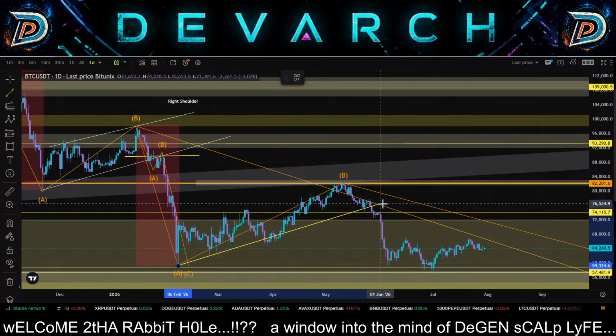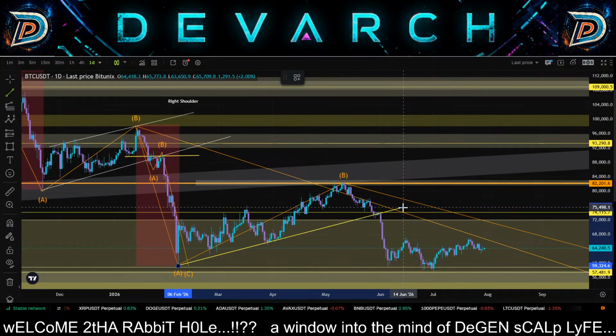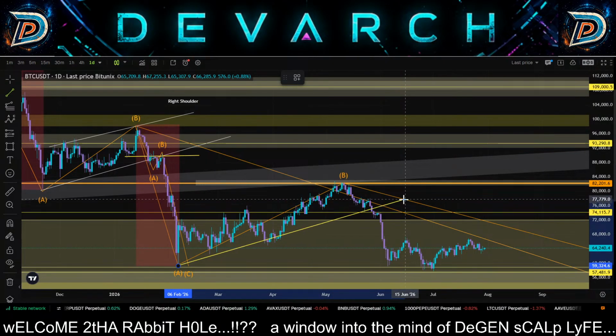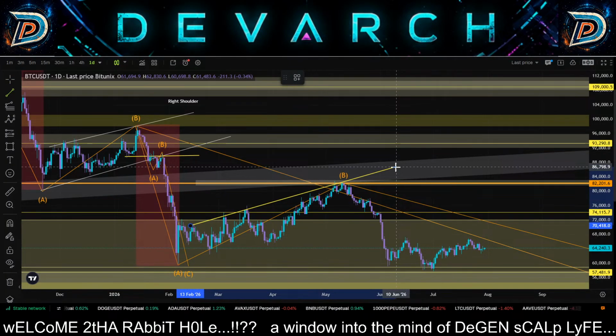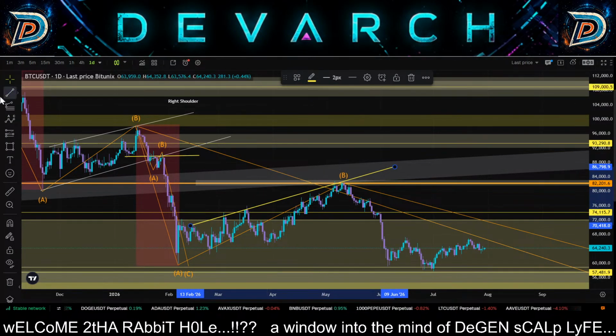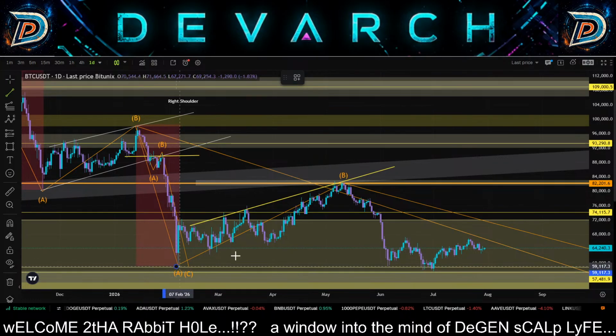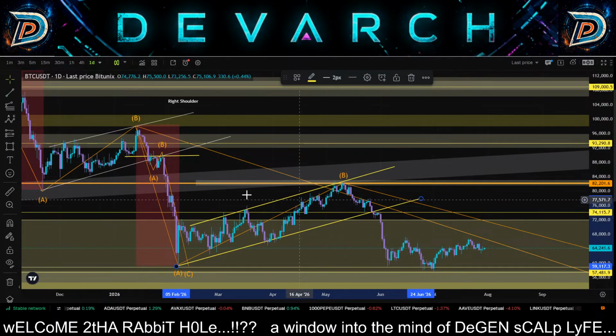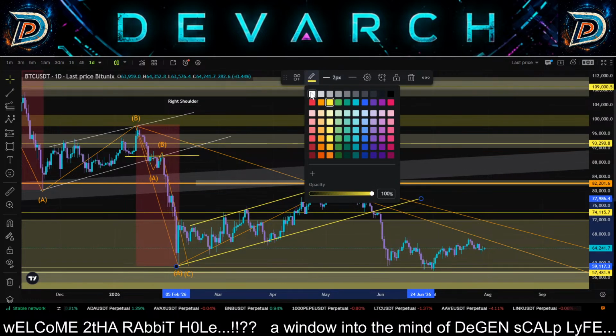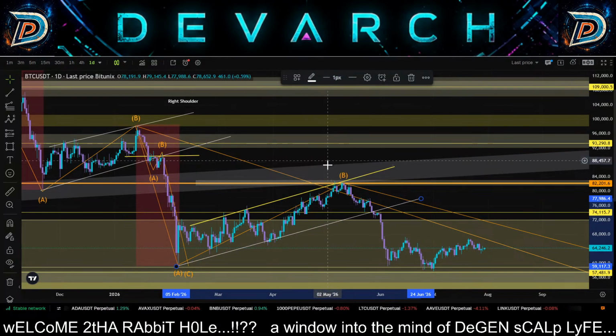Let's see if it did any type of pattern here. No, this wave was just a little bit more irregular. No, I guess it still had a slight bear flag in there.